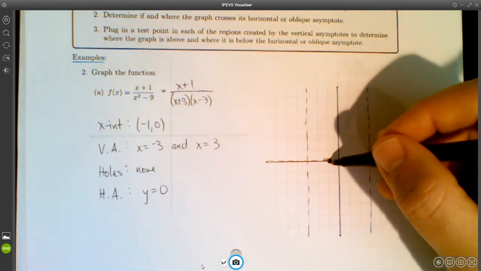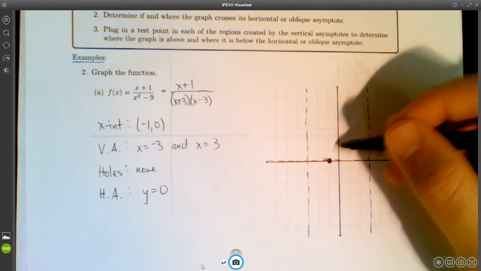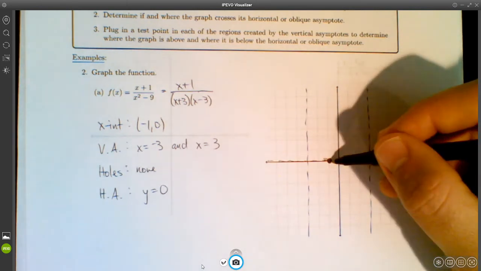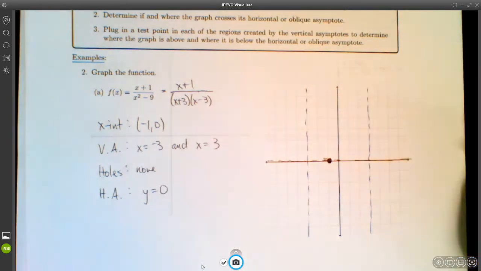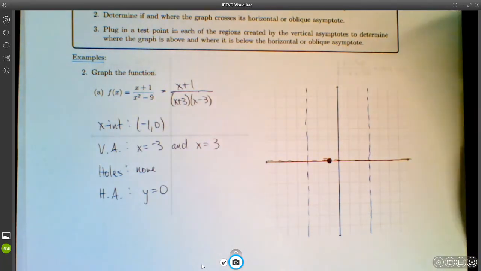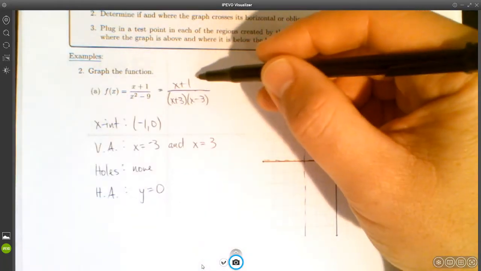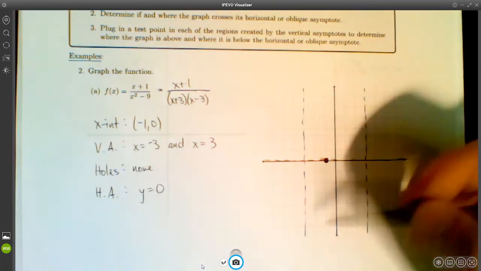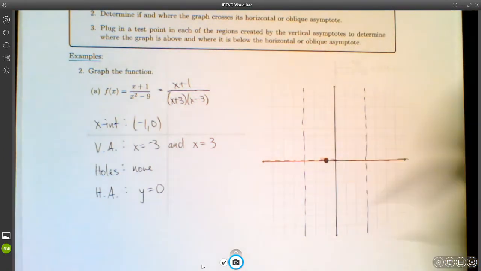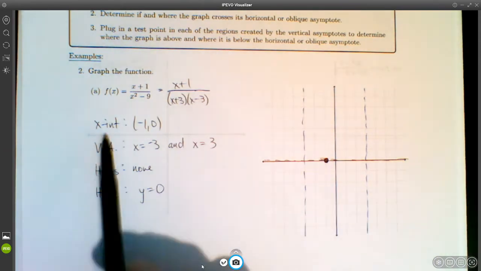That means the graph is actually going to cross through this point. It's not just going to touch it and then come back down. It's going to cross through because it's an odd multiplicity. If it had an even multiplicity, like if you had x plus 1 times x plus 1 in the numerator, then it would only touch and then come back down. I might show you this in Desmos just to verify it. Another thing that might come in handy, I mean, I got my x-intercept.